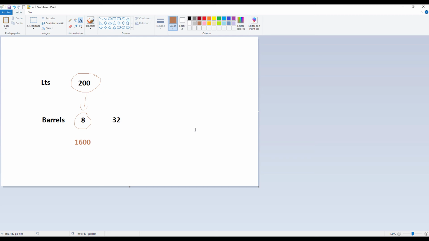So what it means is that you need to distribute that quantity in 32 barrels.